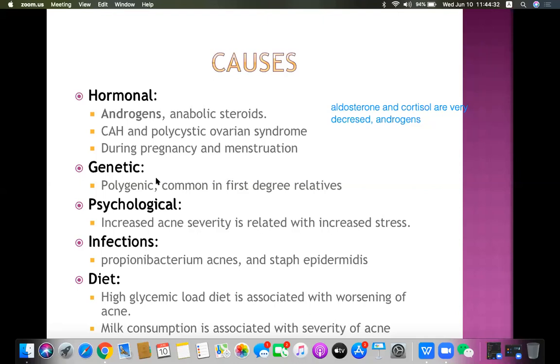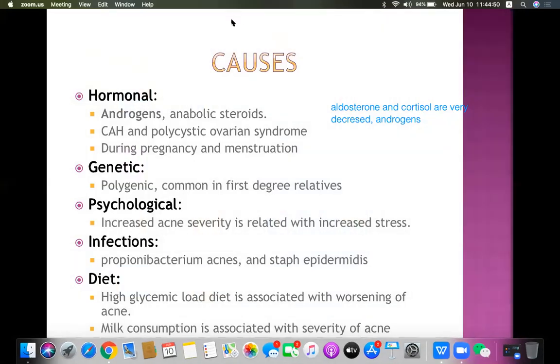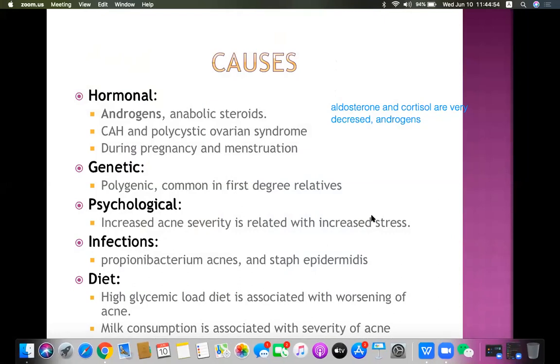You sleep probably at 4 a.m., 5 a.m., or even 6 a.m., or you don't sleep at all. The next day, or day after, you will definitely have more acne coming on the face. So this is strongly related with stress. Acne is exacerbated by stressful situations.